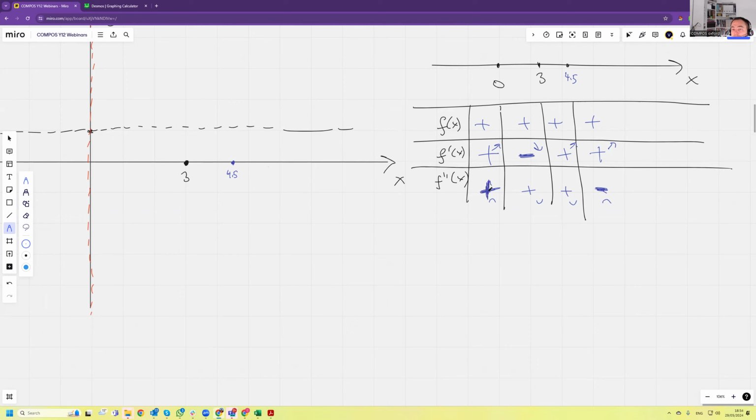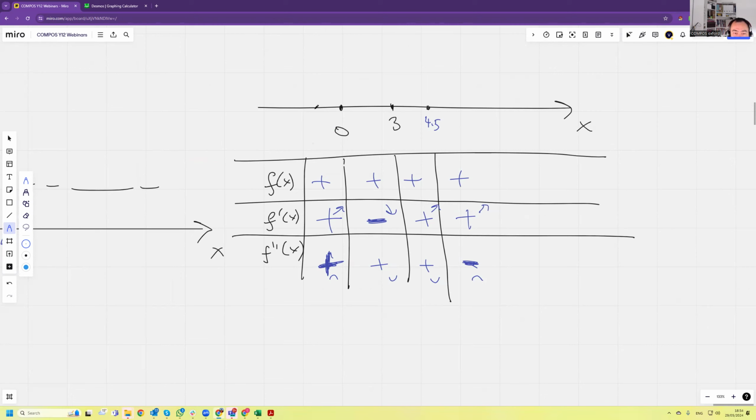So here the function is positive, the gradient is positive, and the function is convex. So it's going to go like this. From 0 to 3, it is a decreasing function. From 3 to 4.5, it is increasing convex.